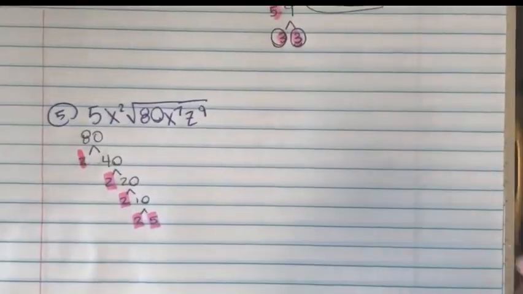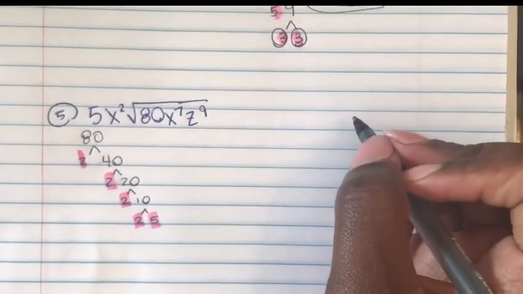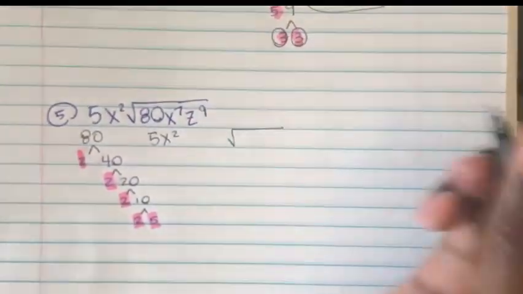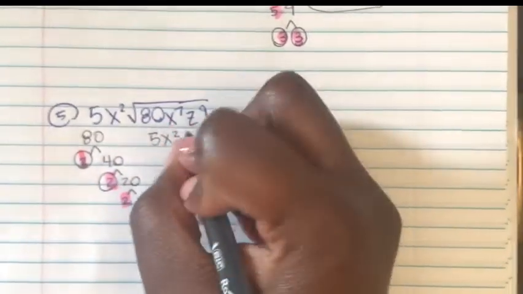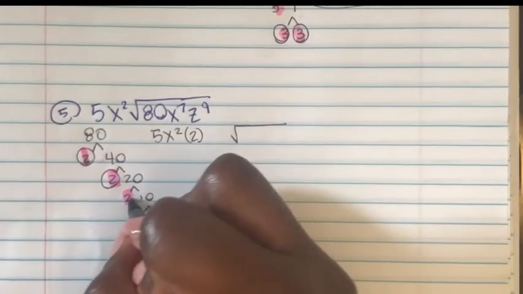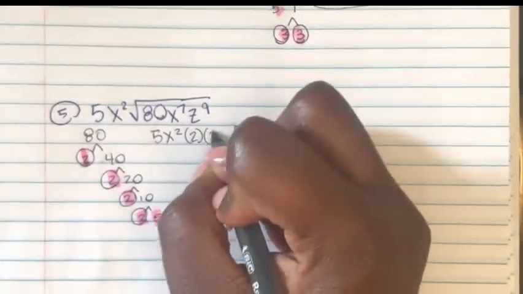All right, now I'm going to write all of my pairs, matching pairs, on the outside of the radical. First, I'll write what was originally there. And now I'm going to start with the pairs. So we've got a group of two 2s. And we've got another matching pair of 2s.